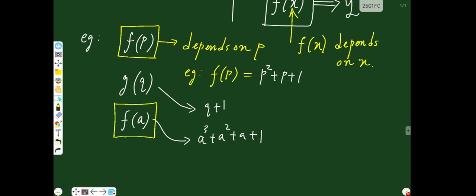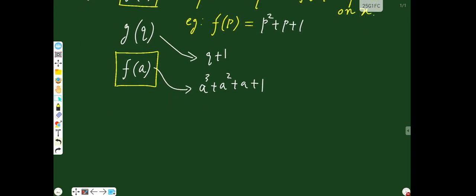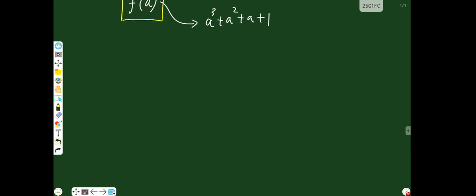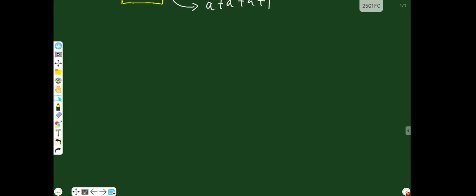Okay, so now we know what is independent and dependent. Now we are going to discuss more about quadratic functions, or quadratic equations, right?